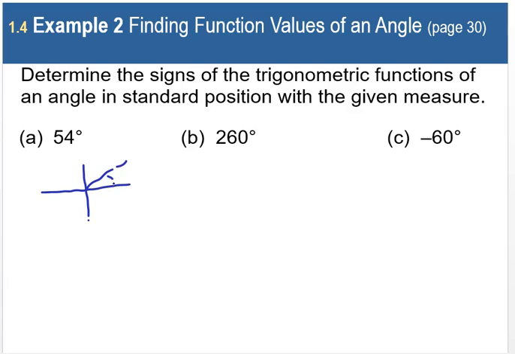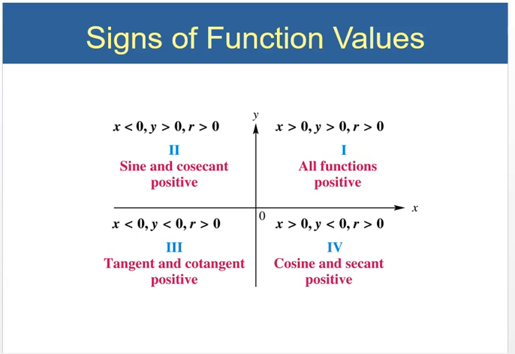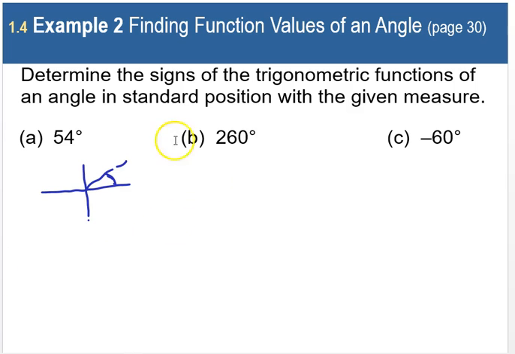There's the angle measurement right there, 54 degrees. So angle 54 is in the first quadrant. And as stated before, all functions are positive in the first quadrant. So that's the answer to this: all 6 trig functions are positive for this angle measurement.